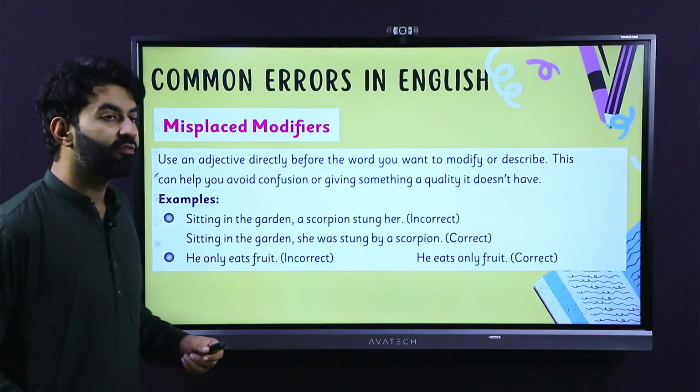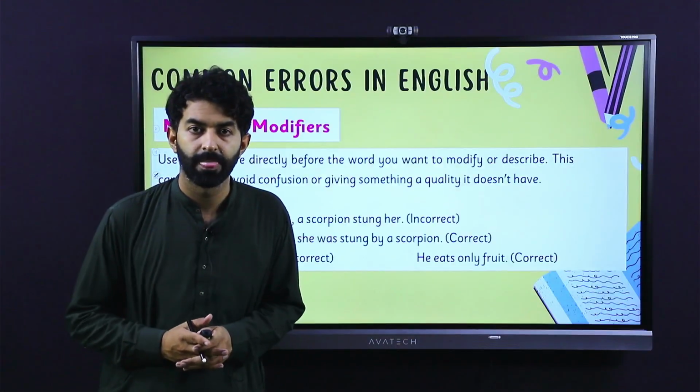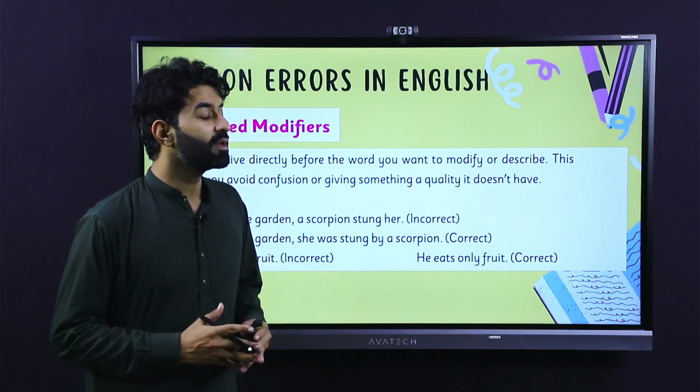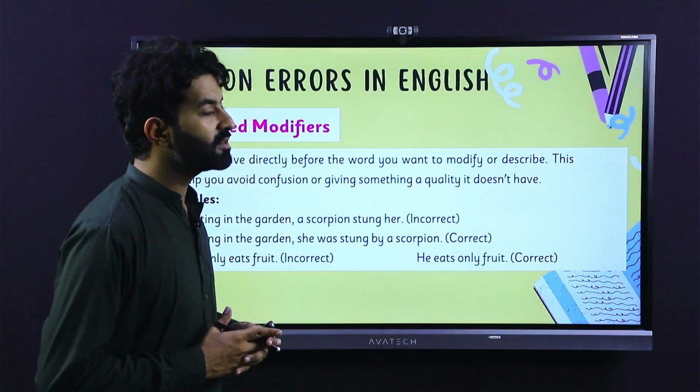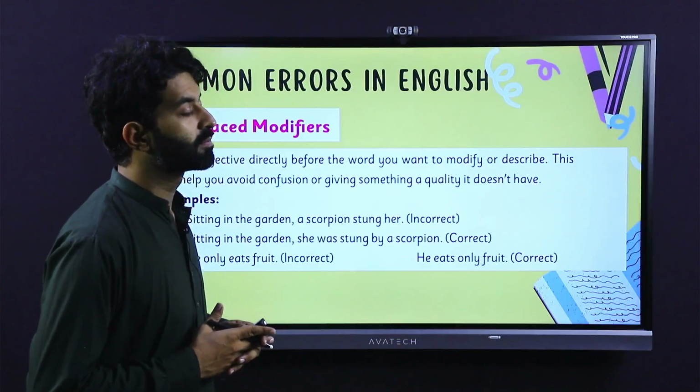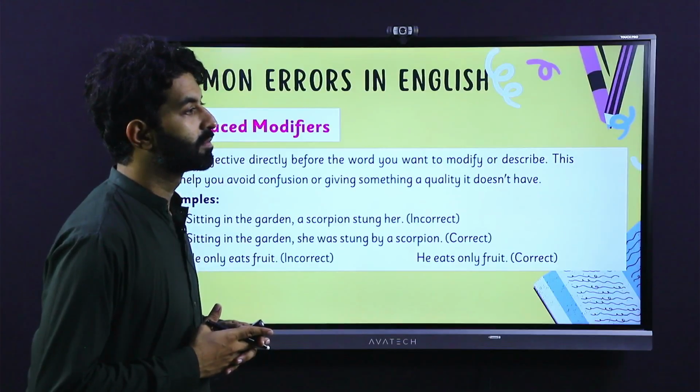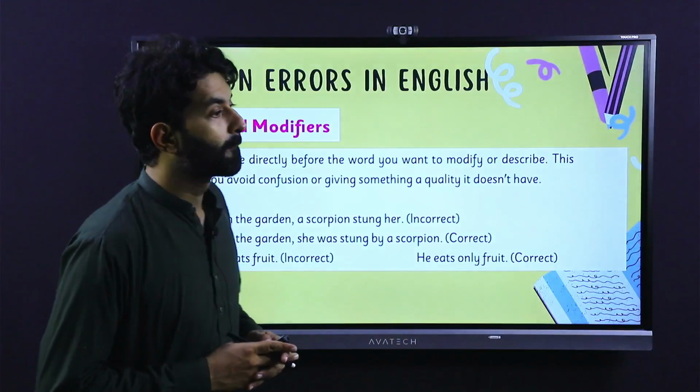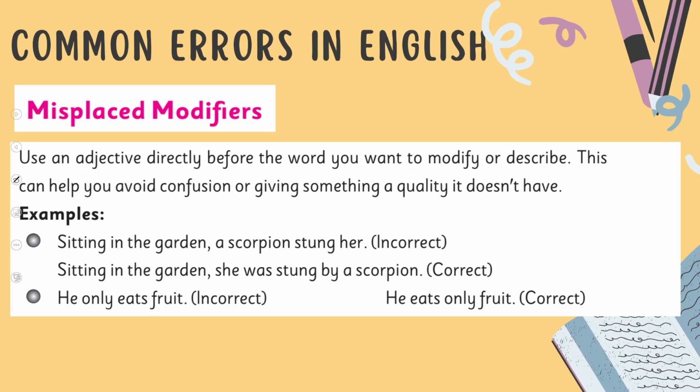Next, we have misplaced modifiers. Does anybody here know about modifiers? What do they do? Any question, any answer to my question about modifiers? Okay. Now, modifier means to modify.